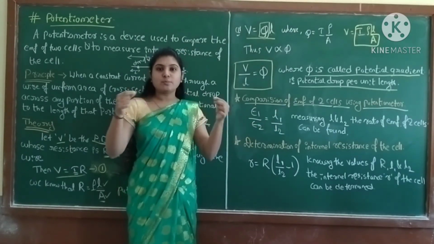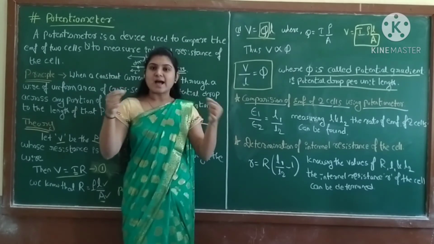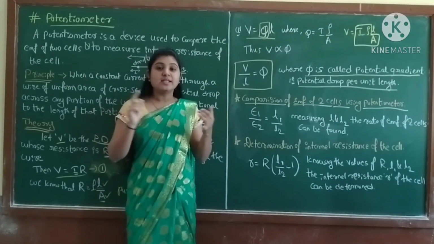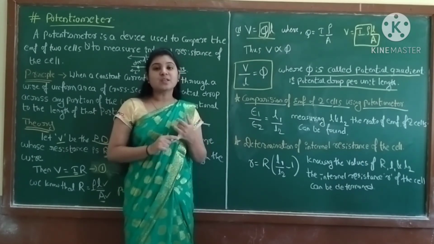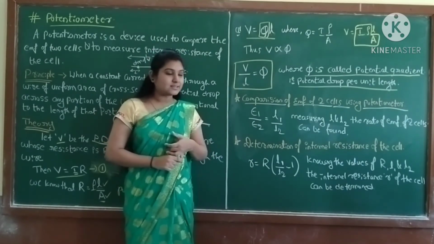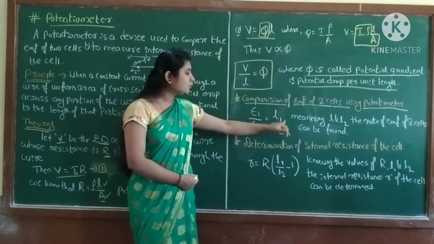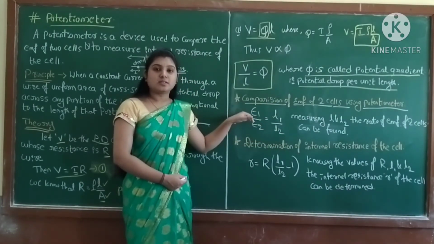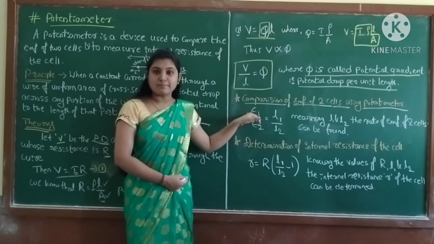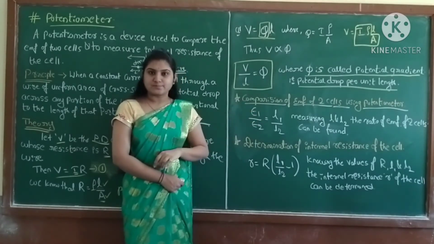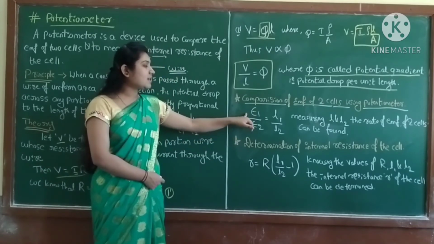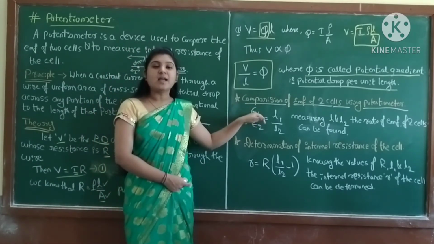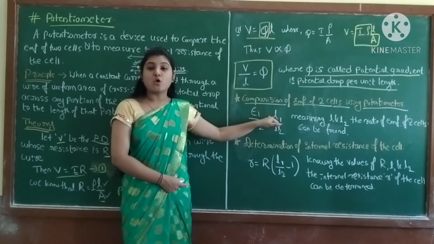See, the potentiometer means, of course, the wire is present. So, the length of the wire we will take. Then L1 and L2 be the lengths of the wire. By using the ratio of this, we are calculating the ratio of the EMF of the two cells. E1 is the EMF of cell 1, and whose length will be how much?